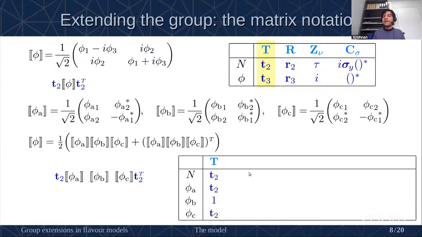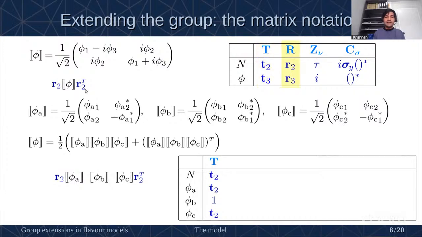Now I remake the table again. In this table, instead of phi, I have the more elementary things, phi A, phi B, phi C, and then I tabulate it. As you can see, nothing is happening to phi B, so it's a trivial one. Next generator, R. What is happening on both sides?